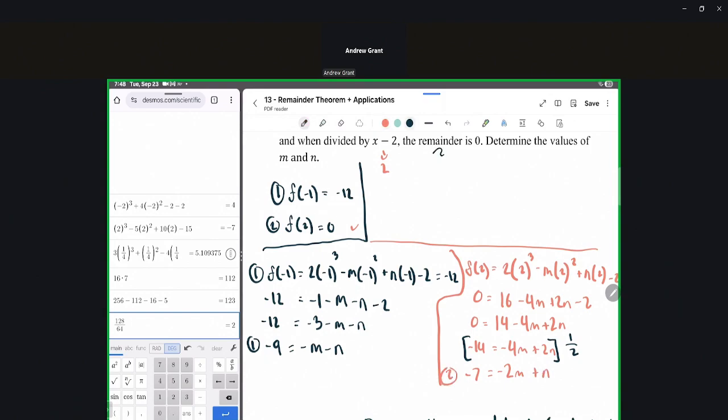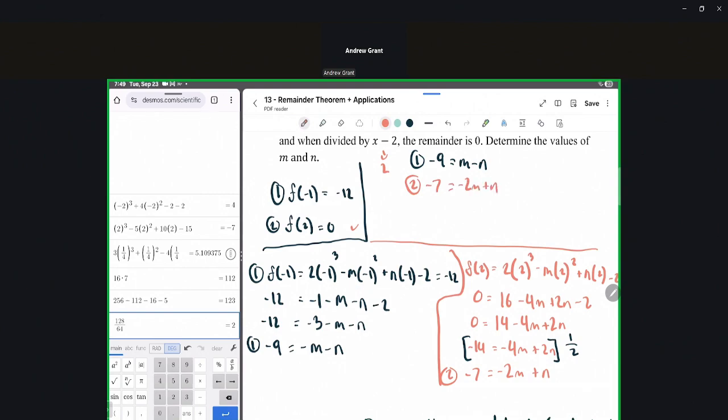And so now if you notice here, my equation 1 is negative 9 is equal to negative m minus n. And for equation 2, I have here negative 7 is equal to negative 2m plus n.